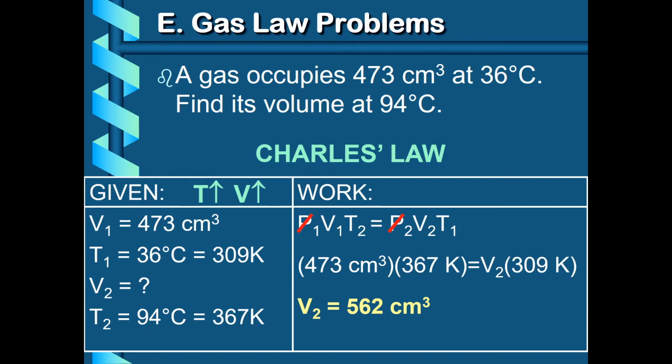What that means is on the test, you might see 560 cubic centimeters, even though the calculator gave you 561.74. You should just choose the answer closest to what you get on your calculator.